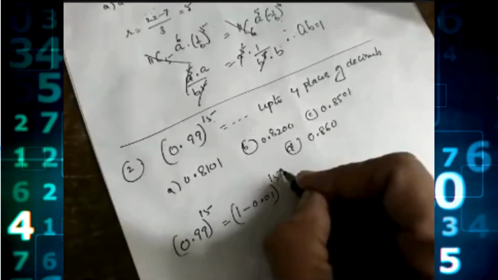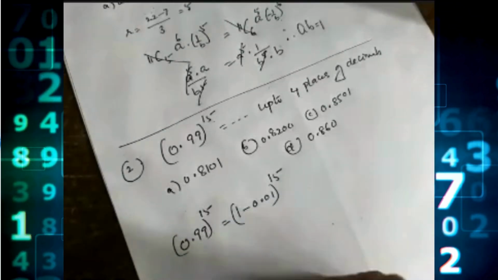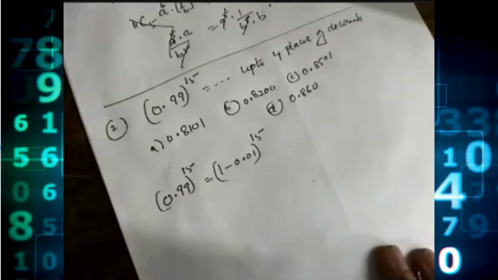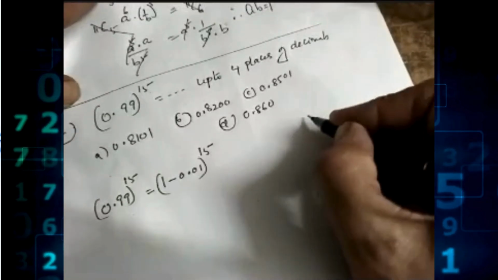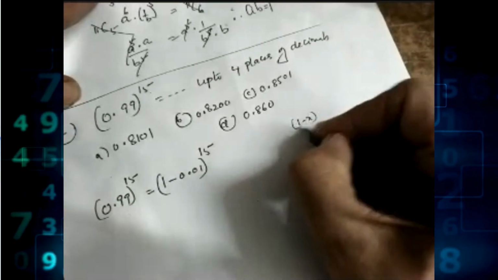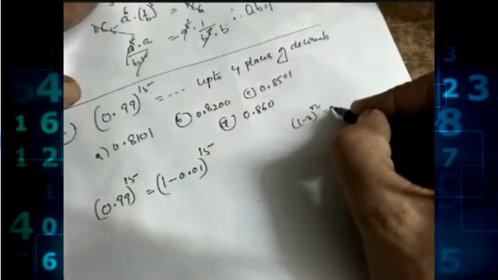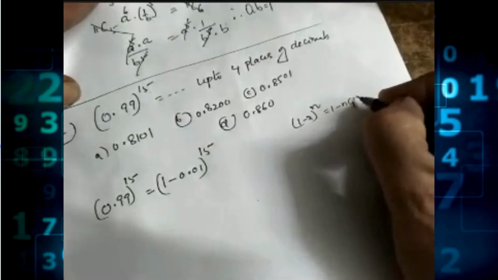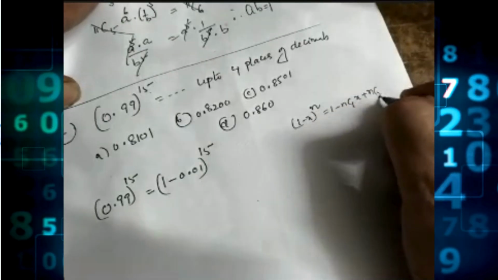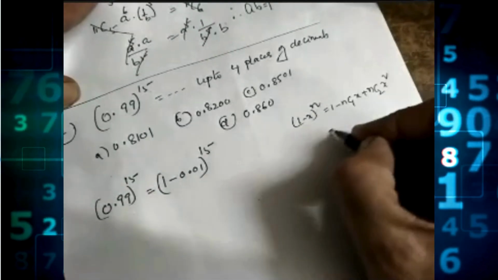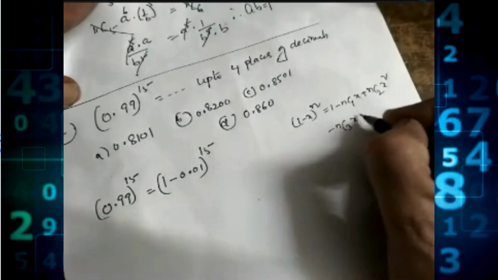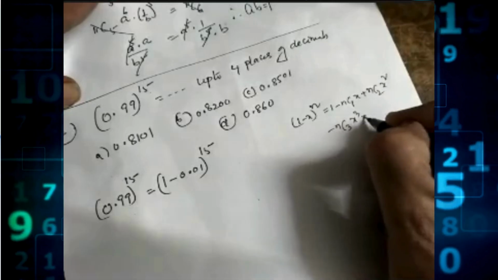Yes, sir. Well done. Now, you please recollect the expansion of (1 plus x)^n or (1 minus x)^n. What is (1 minus x)^n? Come on. This is 1 minus nC1 into x plus nC2 into x square minus nC3 into x cube and so on, isn't it? With alternate plus and minus symbols.